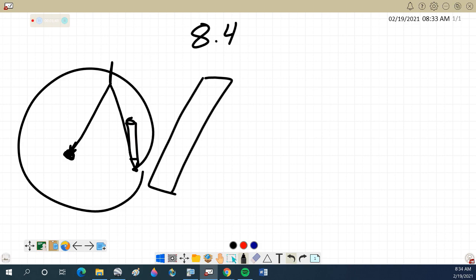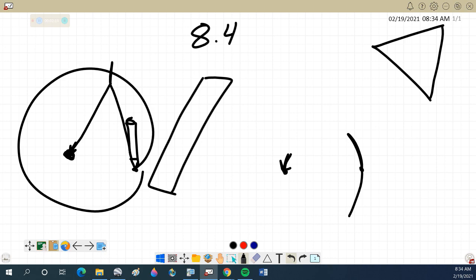So if you had this length and you wanted to draw a segment that goes through that point that has the same length, then what you would have to do is set your compass up so that it matched that distance, and then you'd put the pointy end of the compass right here, and then you would put the pencil end of the compass over here, and you would draw.